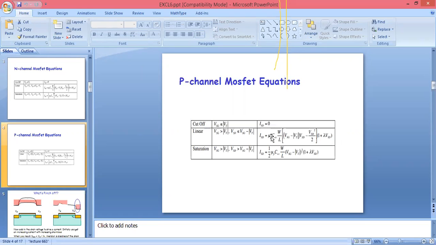This is used to store the charge carrier. So these are the mathematical formulas we are getting in cutoff, linear region and the saturation region for the ID current, and these depend on the value of VGS and VDS.